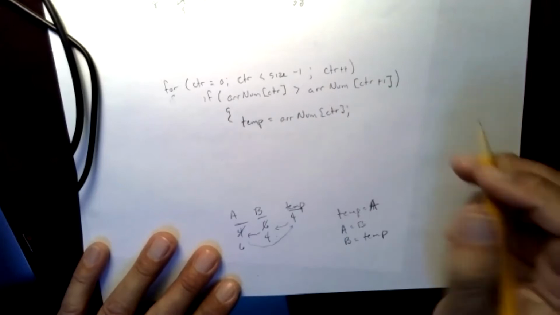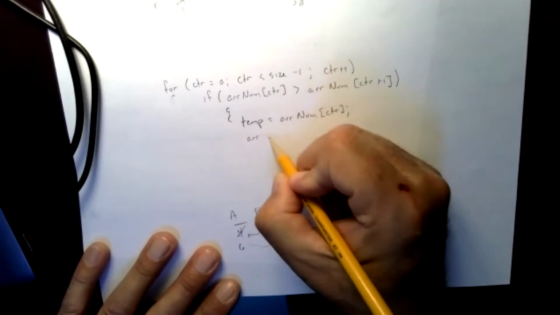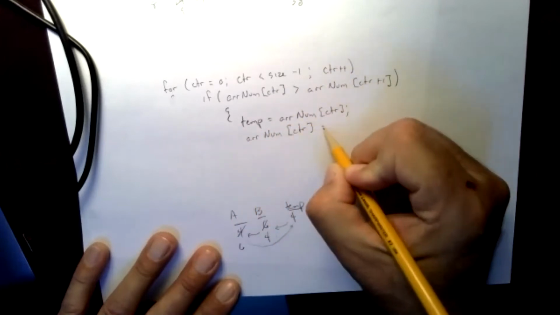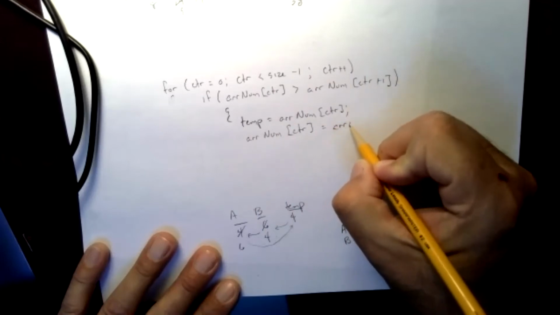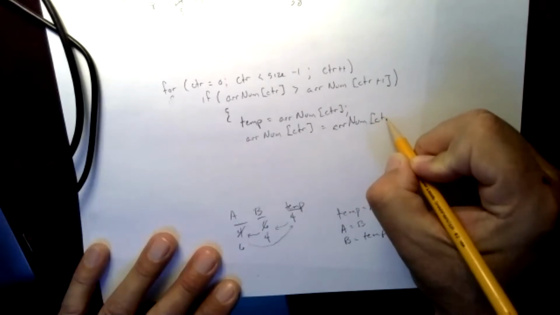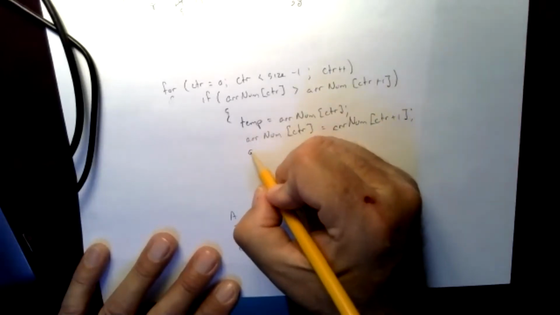Keep going. And then array num counter equals array num counter plus 1. Good. And then array num counter plus 1 equals temp. There you go. So we swapped them.